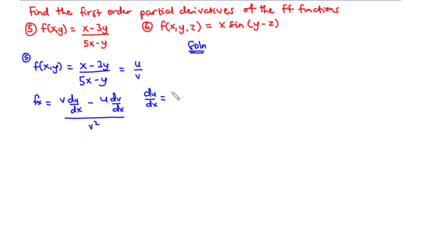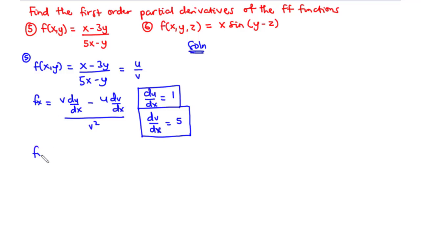When you differentiate x, you have 1. When you differentiate negative 3y, it's a constant, so you have 0. So this is du/dx, and then for dv/dx, we differentiate 5x, we have 5. This is a constant, it goes to 0. So this is also dv/dx.